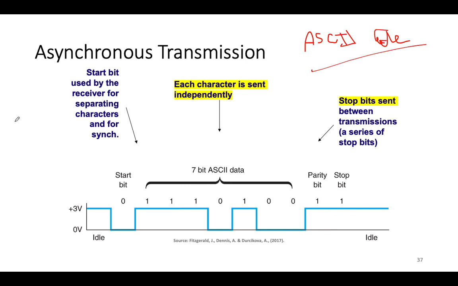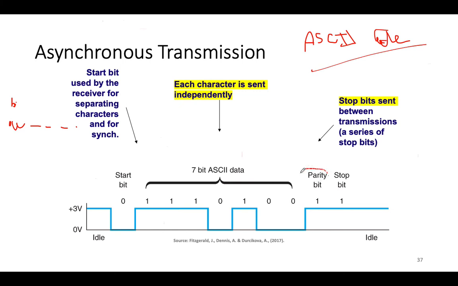You will understand that each key on your keyboard, each letter or number, has an equivalent number in binary, in terms of 0s and 1s. For asynchronous transmission, we have 8 bits, which is 1 byte.